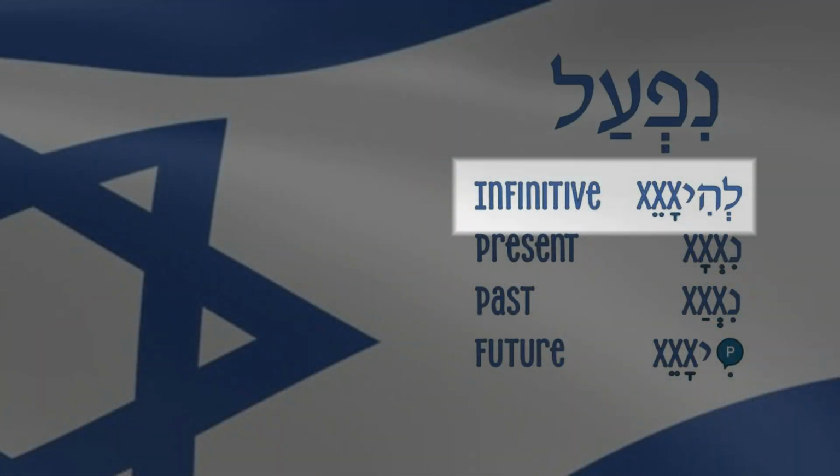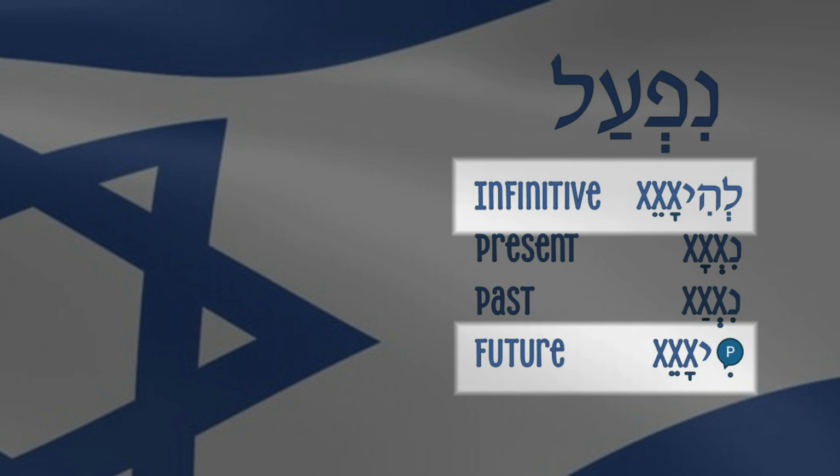Lastly, we have nif'al, which can be the passive of pa'al, but it can also stand on its own as an active verb. The infinitive starts with lehi, and it needs a yod to mark that ee sound. Then it gets an a'e vowel pattern. So lehi a'e. And of course, the future will sound the same.